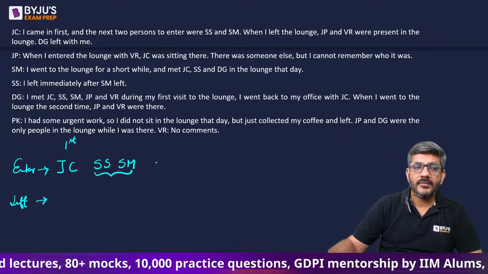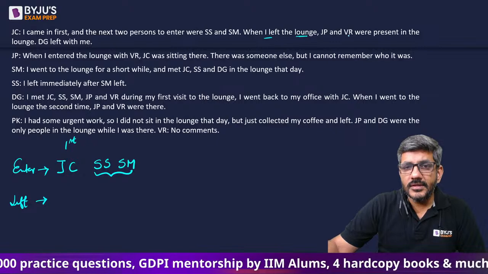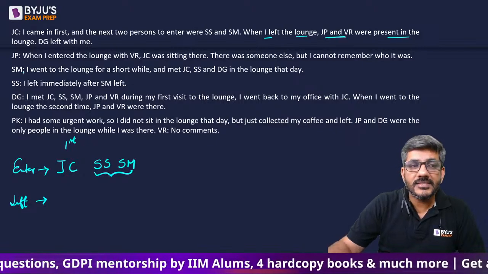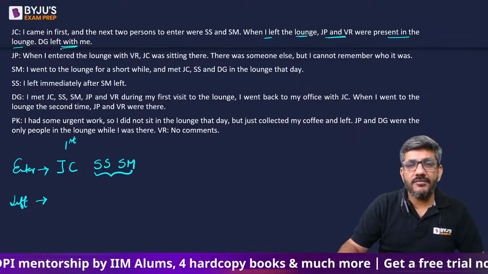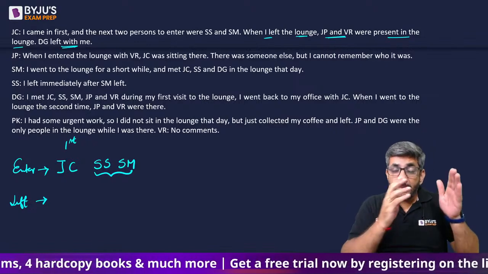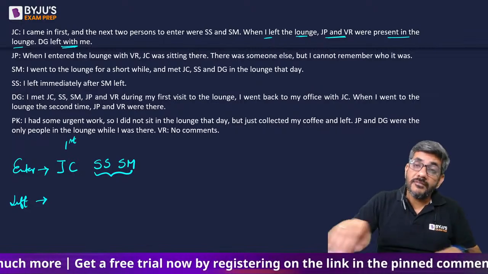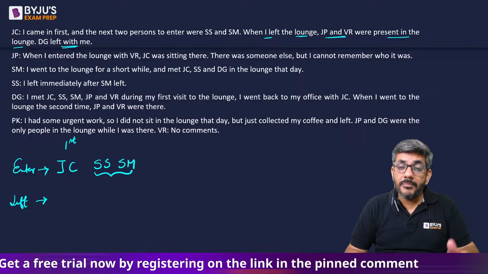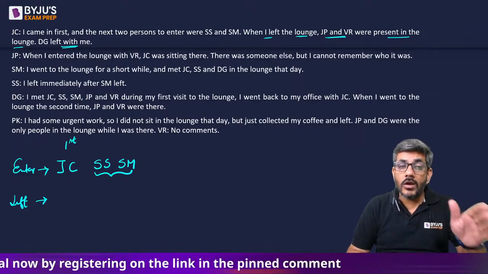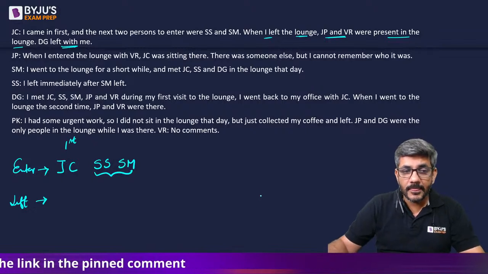आगे बढ़ जाते हैं. JC says, when I left the lounge, JP and VR were present in the lounge. DG left with me. So when JC left, he saw that JP was already there, VR was already there, DG left with him. So can I say JP, VR and DG, they all came before JC left? Is that correct, guys? सही कह रहा हूं?